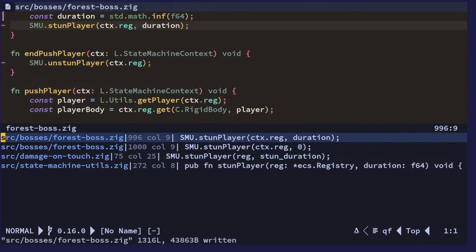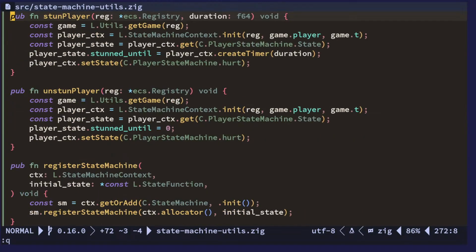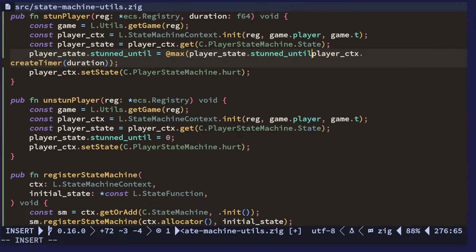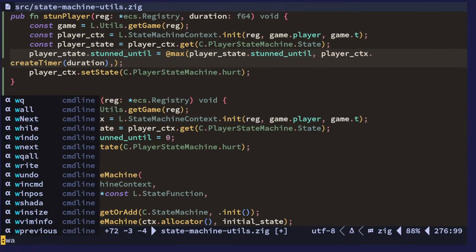So then what we can do is when we say stun here, instead of just setting this to this, we set it to the max of these two.